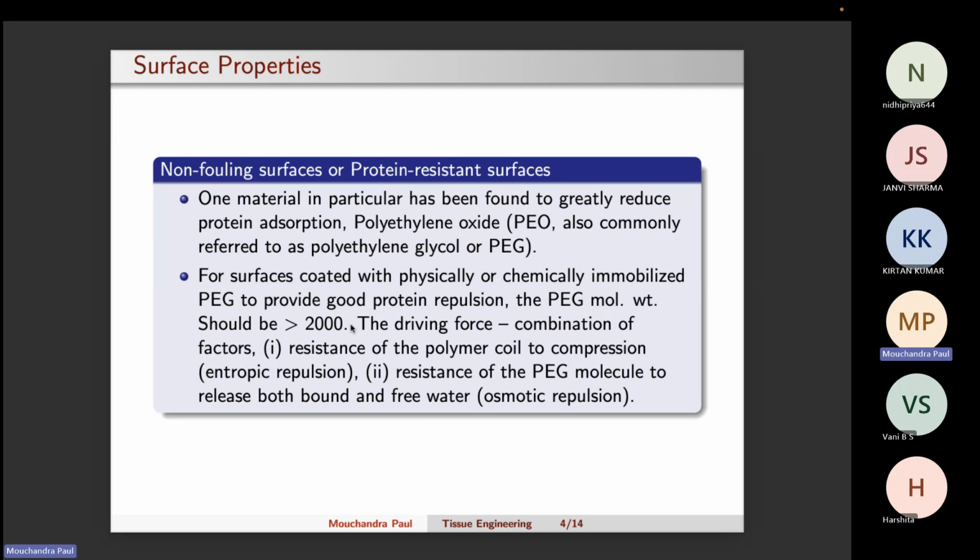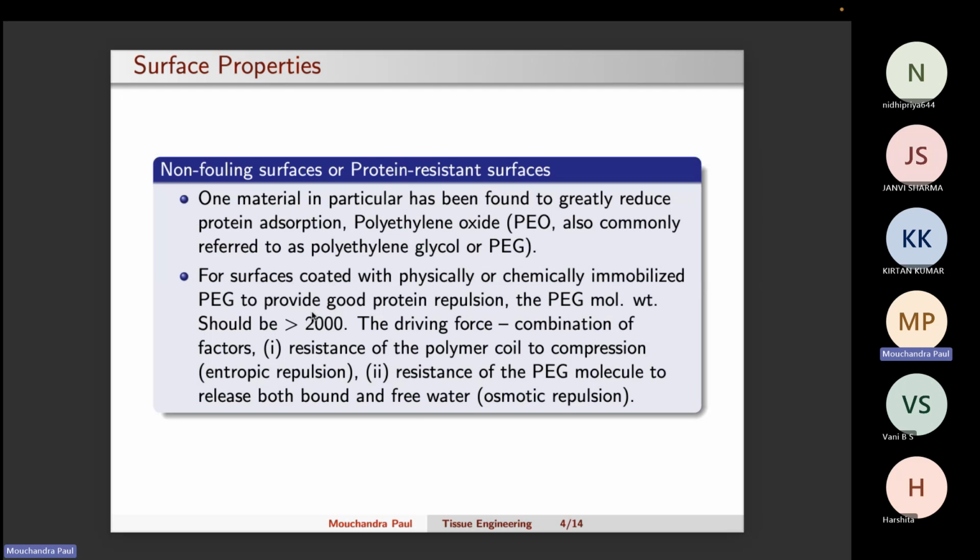So what driving force comes into the picture? First, since these are polymers, these are chains, and these polymer chains do not want to compress. If the protein tries to adsorb on it, it will try to compress the polymer chain, so the chain gives a much greater force in the opposite direction to resist protein adsorption.